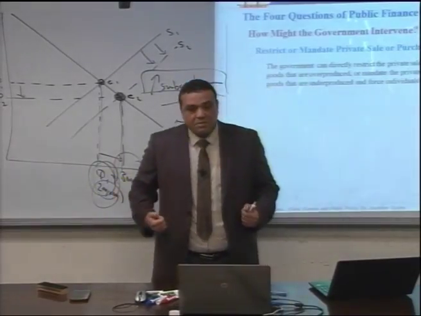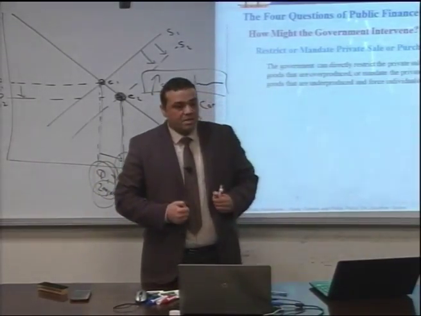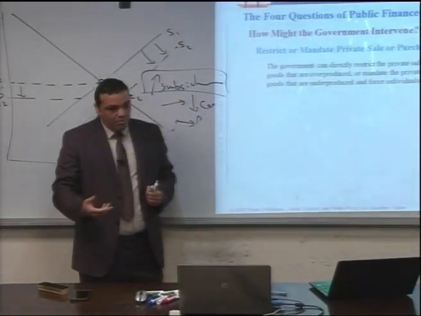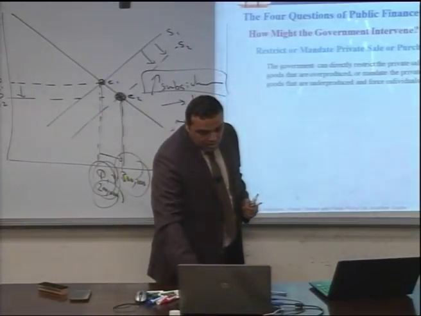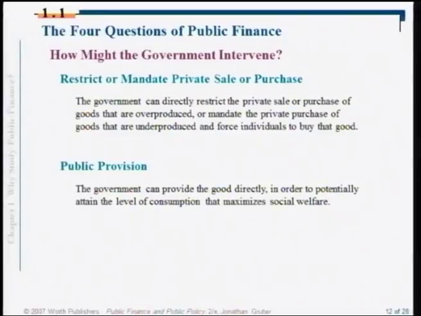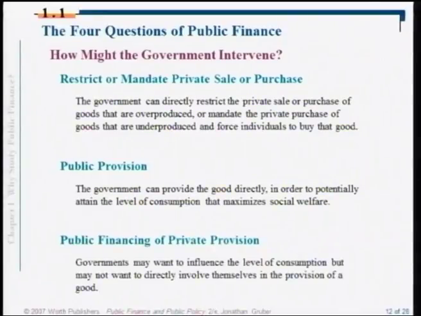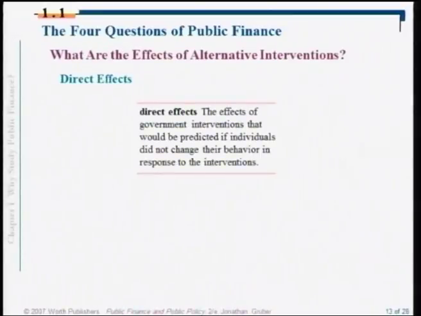Sometimes the government tries to encourage the consumers to buy more and more. We have public provision. Sometimes the government tries to encourage the producers to produce more. Sometimes to buy. These are the types.